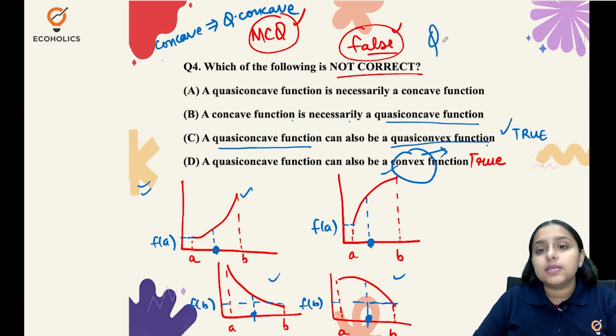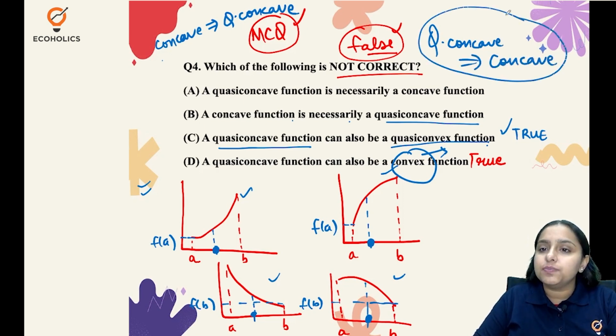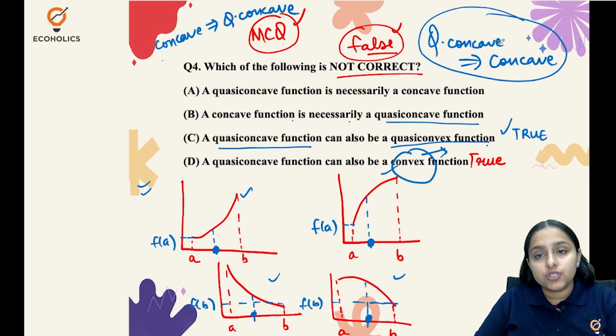Vice versa means that if a function is quasi-concave, it is not necessarily concave. The reason is very simple, because convex functions can also be quasi-concave. So how can I conclude that a given function is quasi-concave, so it will be concave? What if it is convex? So this option is also true.